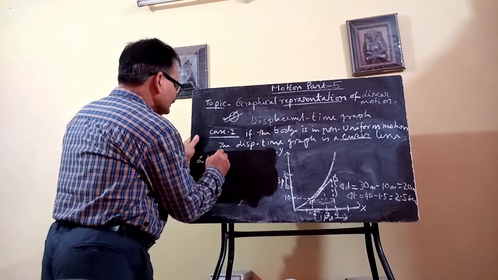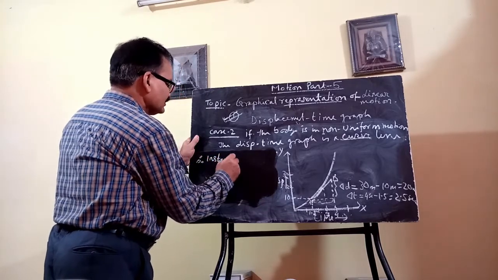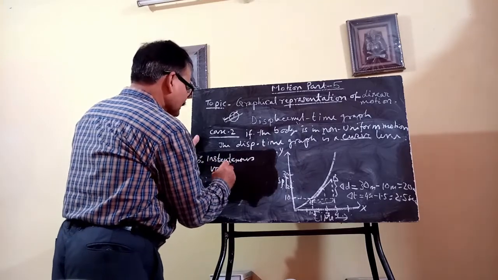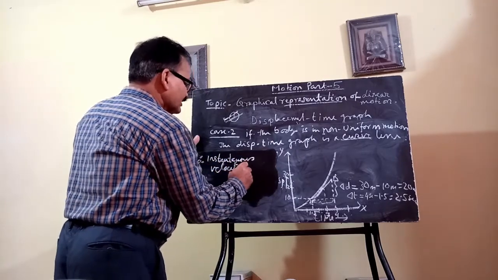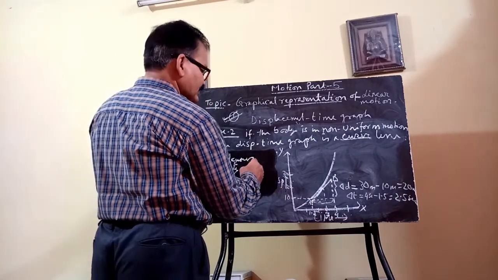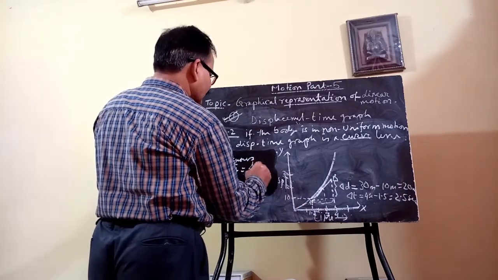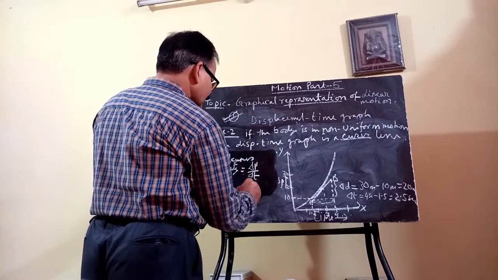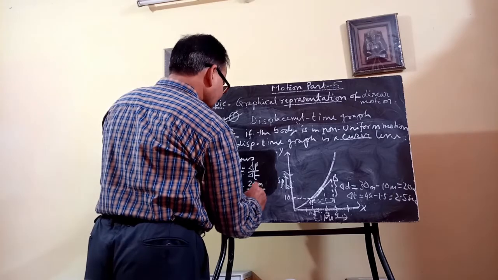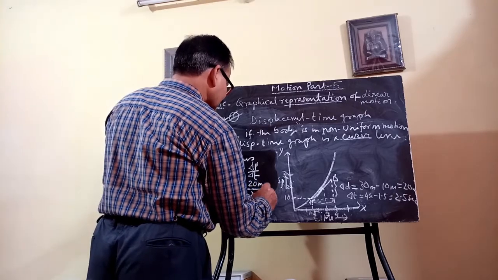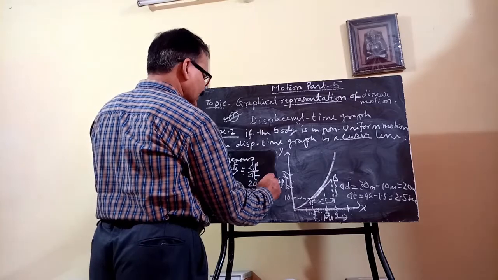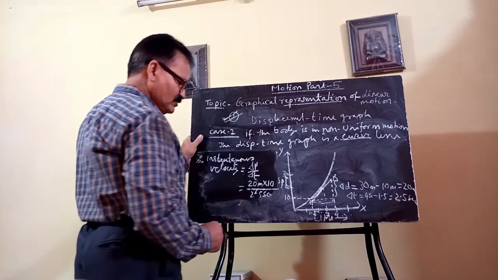Therefore, instantaneous velocity can be determined at that instant, that is at 3 seconds. That is your del D by del T, which is equal to say 20 meter by 2.5 second. If you open the decimal, you write 10 in the numerator.